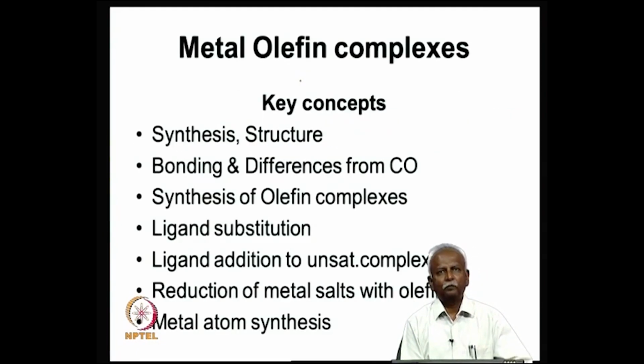And what we have understood from all these aspects is the fact that olefin complexes can be readily synthesized and structurally characterized, and the bonding differences between carbon monoxide and olefins allow one to synthesize them by displacing carbon monoxide, and it is possible to have a significant reduction in the stretching frequency of olefin complexes due to the pi accepting nature of the olefins.